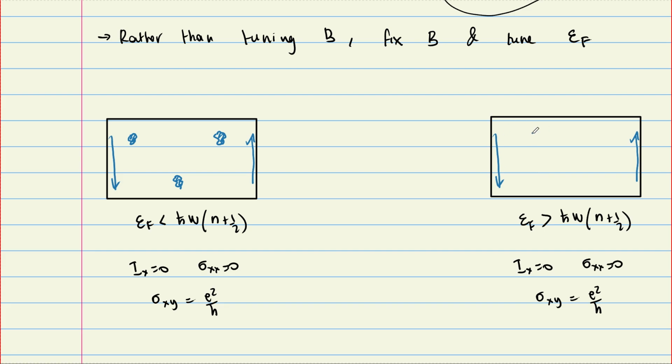So let me draw it like this: there's something here, something there, and the entire landscape is filled. If you want, in this case lakes of little holes remain, or lakes of little electrons remain. In either case, Ix is 0, sigma xx is 0, sigma xy is e squared over h.